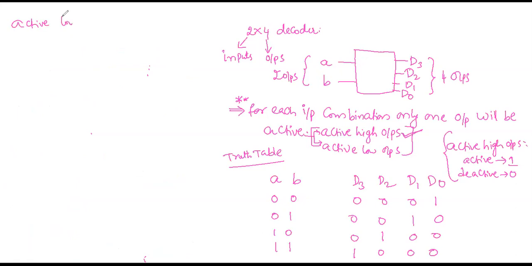Active low output. When outputs are active low, the representation of the block diagram is slightly different. A, B are the inputs, and when you represent the outputs, you have to keep a bubble: bubble D3, bubble D2, bubble D1, bubble D0. This bubble indicates active low.